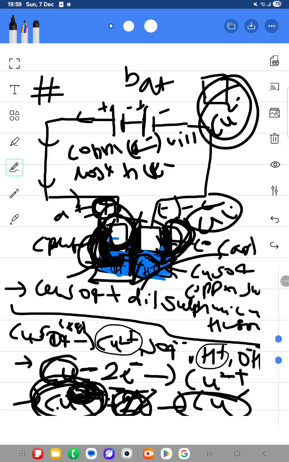You have understood this much. On the negative side, Cu2 plus and H plus will be attracted and both will migrate, but only Cu2 plus will leave a layer. On the positive side, there were two ions, SO4 2 minus and OH minus.